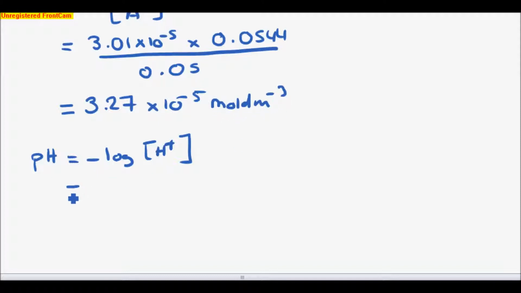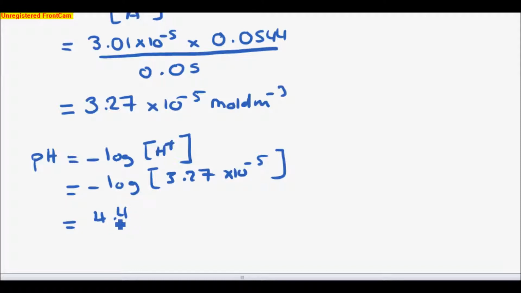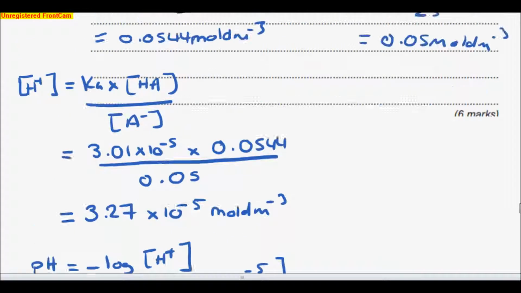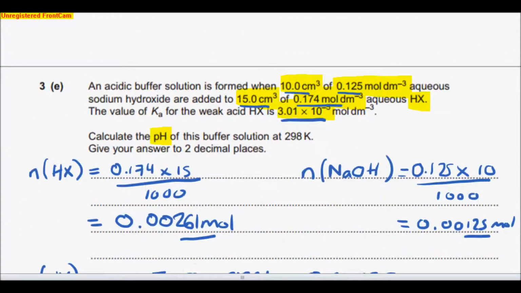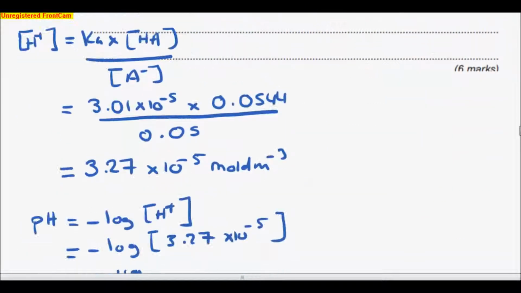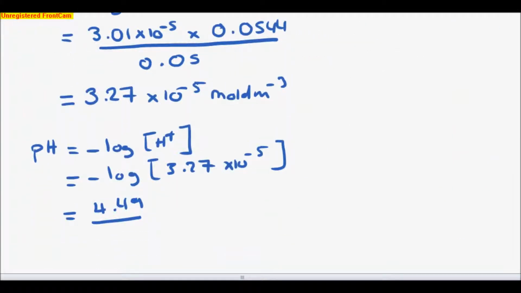So we're now going to put the numbers in: minus log, and we've got 3.27 times 10 to the minus 5. You should always keep the numbers in the calculator, and that will give you a pH of 4.49. And remember, the question asks you to give a value to 2 decimal places. So that gives us a value of 4.49 as the correct answer.